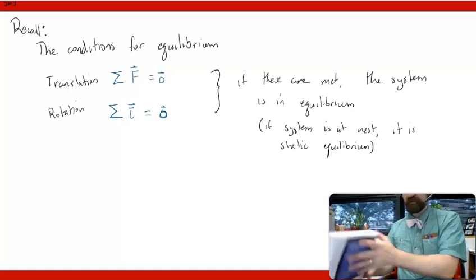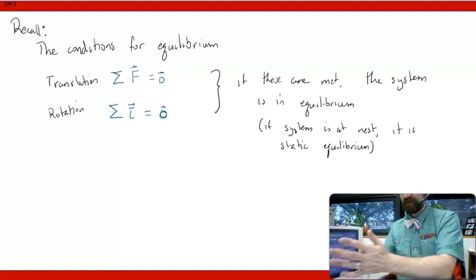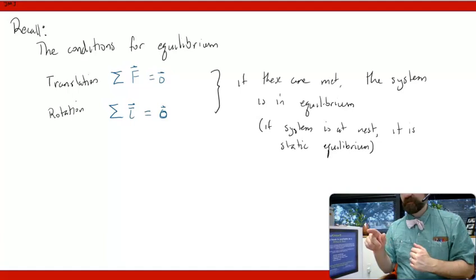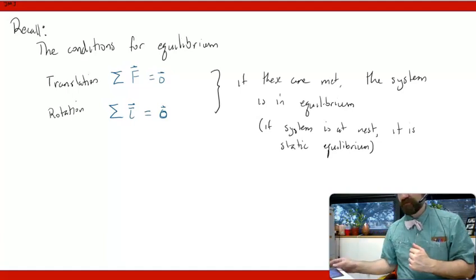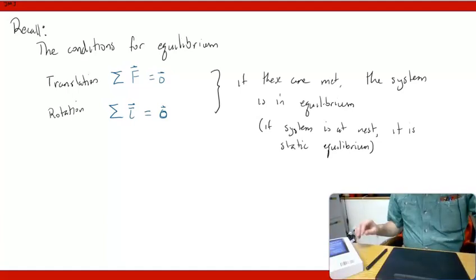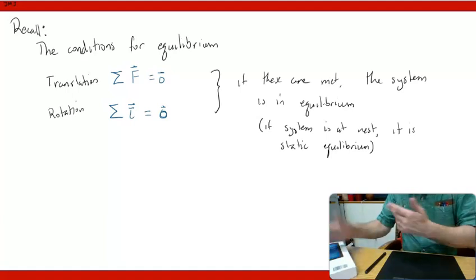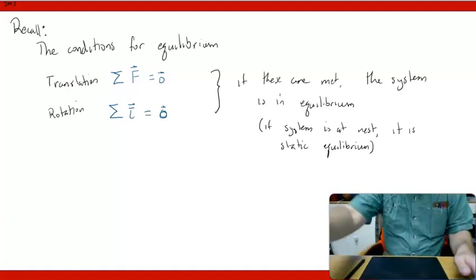But if I give it a little bit of a nudge, it falls over pretty quickly. And now that it's on its side like this, I can nudge it all I want. I can push it back and forth pretty good, and it stays where it's at.